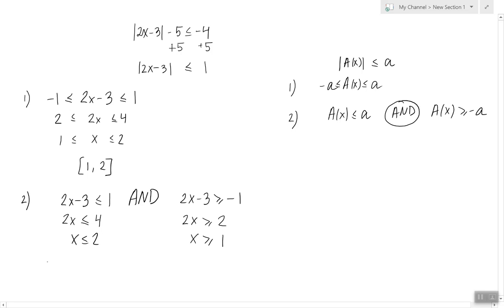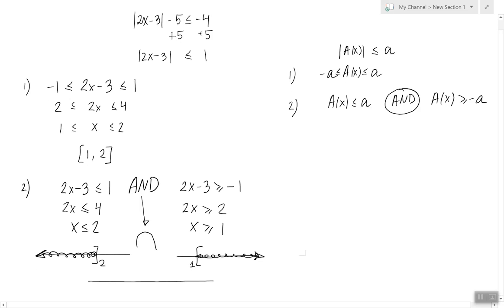And now if we look at the solution set of this inequality, it's all the numbers to the left of 2. The solution set of this inequality is all the numbers to the right of 1. Now, according to this connecting word, we have to find the intersection of these two solutions.